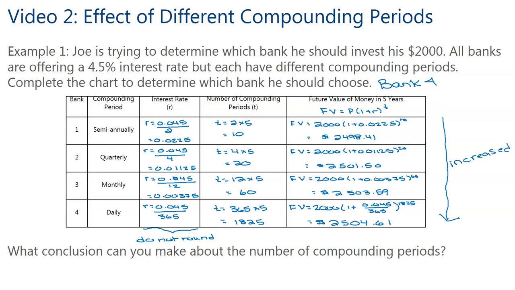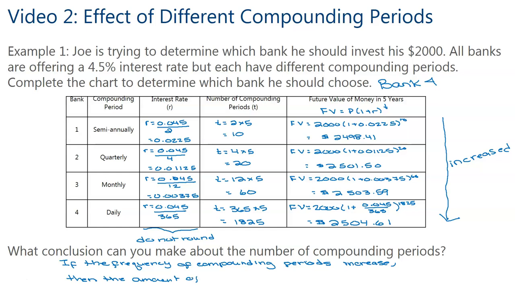So what we can say is that if the frequency of compounding periods increases, then the amount of interest earned increases as well.